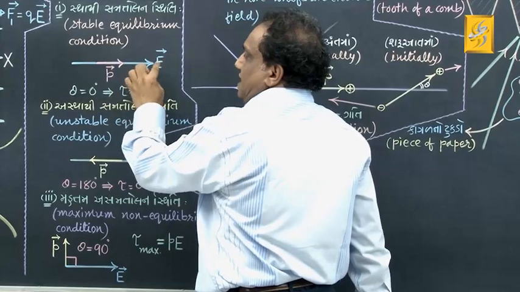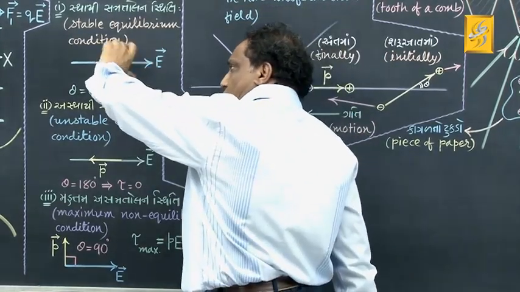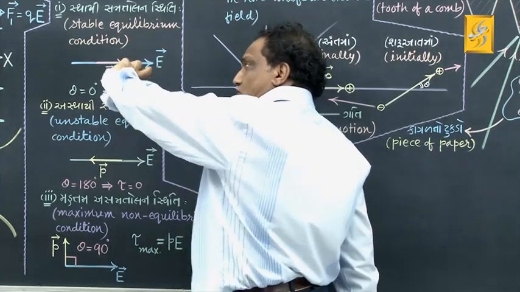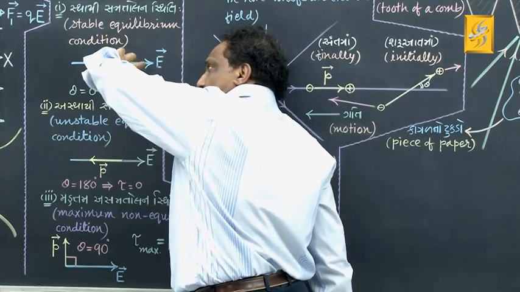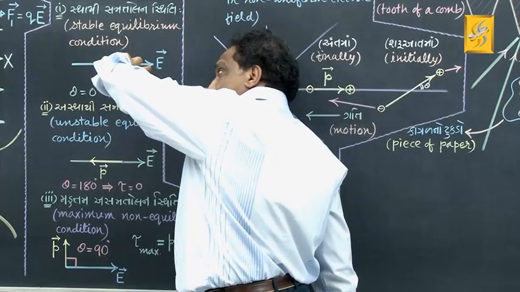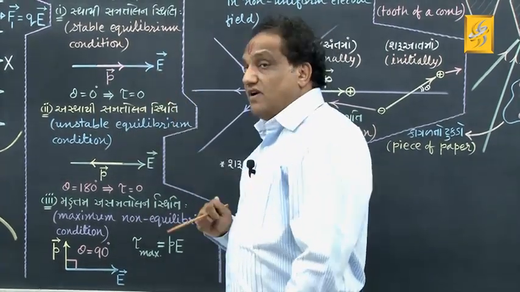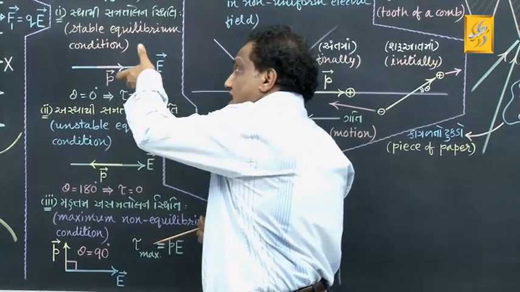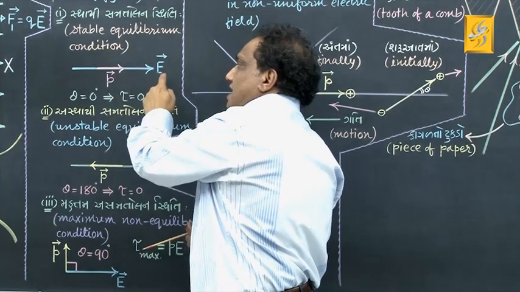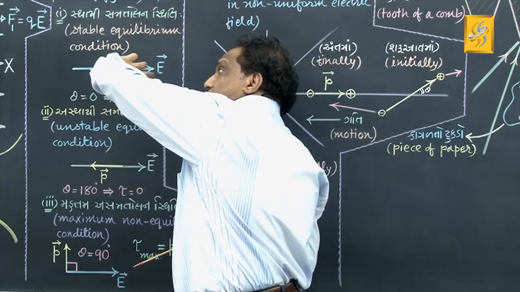One more thing. If the dipole is lying parallel to vector E, and you want to bring it to angle theta with vector E, then you need to rotate it. When you want to rotate it, naturally you have to exert some external torque. At that time the electric field is trying to rotate the dipole back to the same condition. The electric field is exerting torque this way, and you want to rotate the dipole that way.